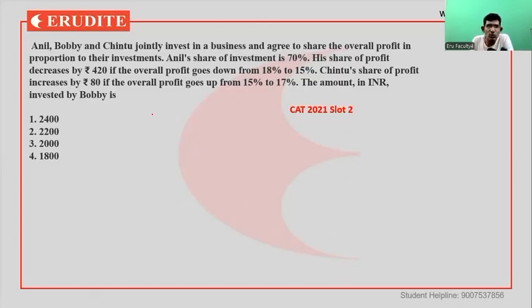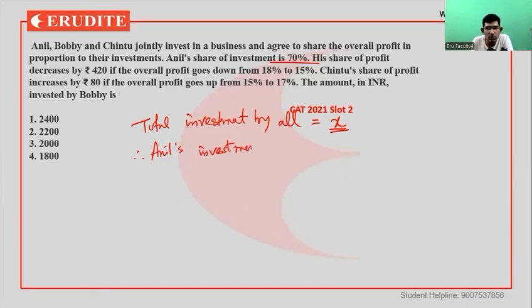So let's assume the total investment by all three of them is equal to rupees X. And Anil's share is 70%, so Anil's investment will be simply 70% of X. And his share of profit decreases by 420 if the overall profit percentage goes down from 18% to 15%.